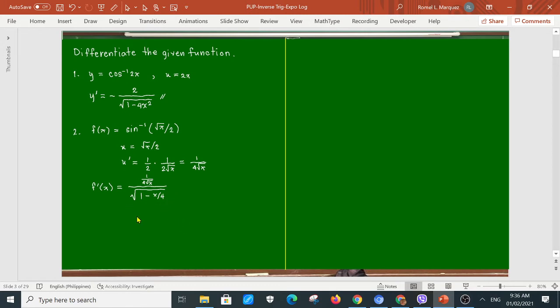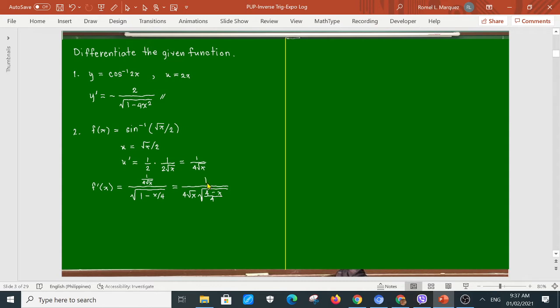Okay? So let's simplify. So this is equal to, the denominator of the numerator will become part of the denominator. So that is 4 square root of x. And then square root of, getting the LCD inside the radical, 4 minus x all over 4.